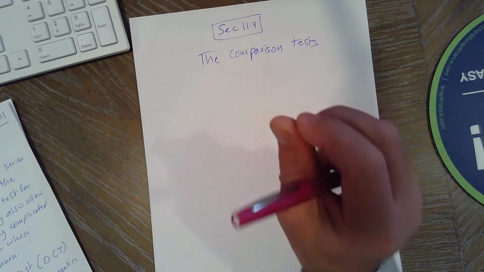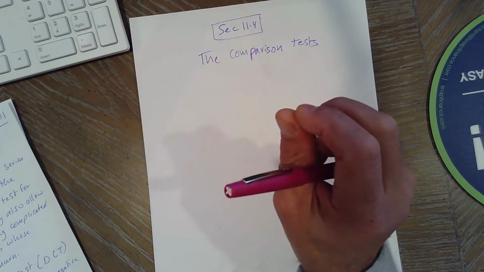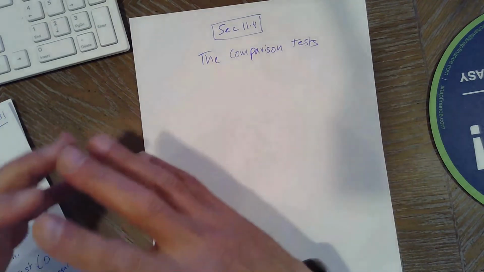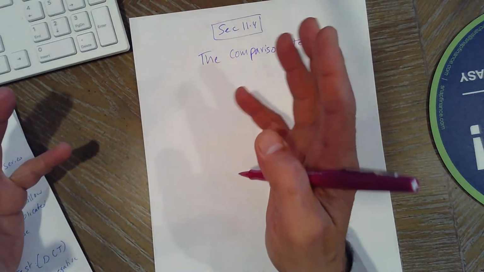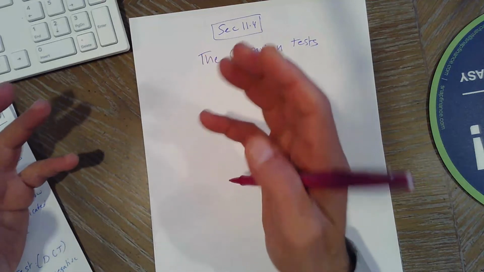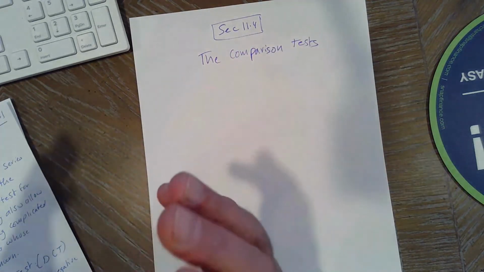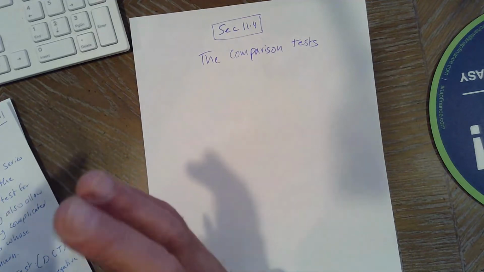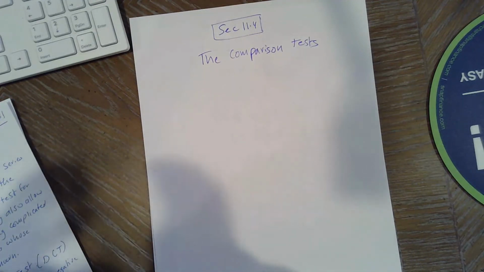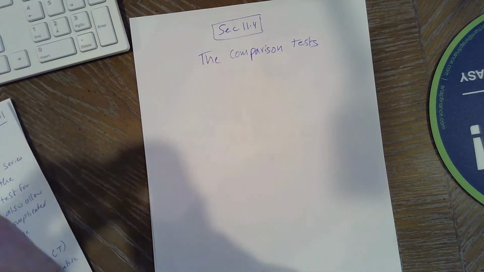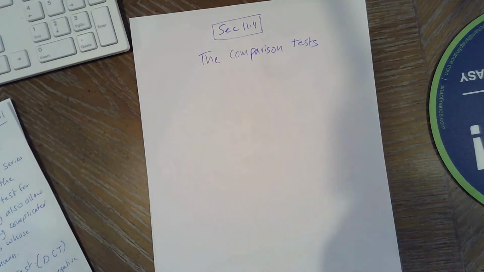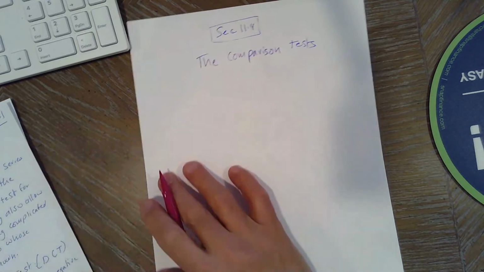Again, just like before, we have to have positive terms, and they will expand our library of tests for convergence of series. And the idea for these two tests is to compare the series that we're trying to find convergence for with a known series whose convergence or divergence is known. That's the idea, okay?